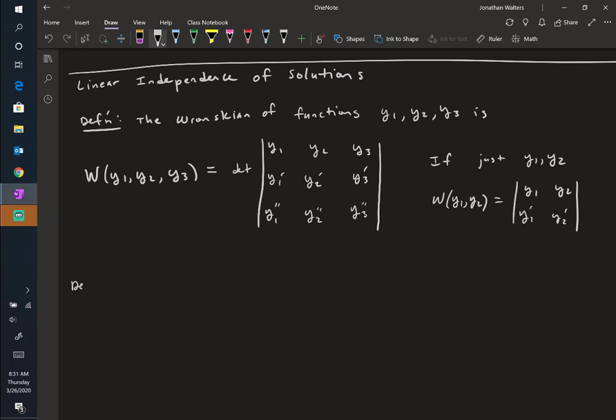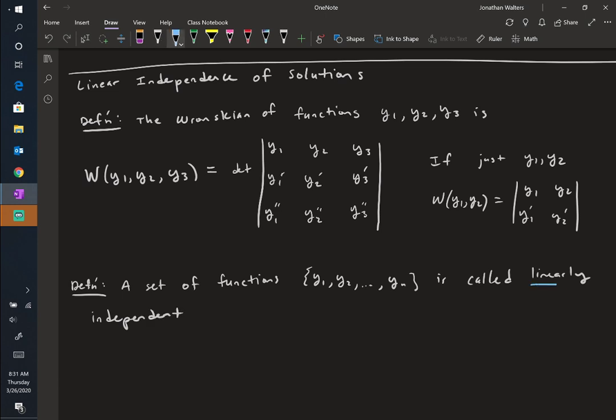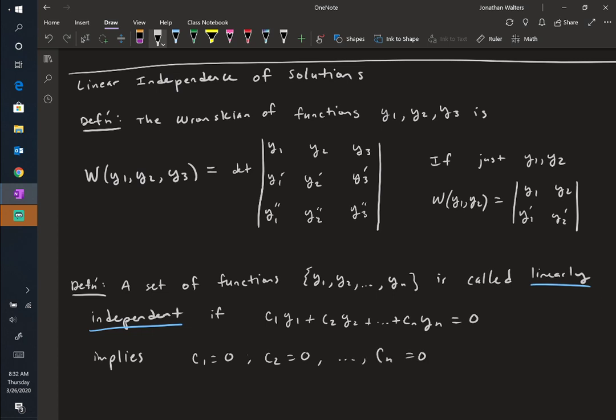So there's a theorem. Let's see, I better define linear independence before I check for it. So definition: a set of functions, call it y1, y2, up to yn, is called linearly independent if c1 y1 plus c2 y2 plus dot dot dot cn yn equals 0 implies c1 equals 0, c2 equals 0, and cn are all 0.